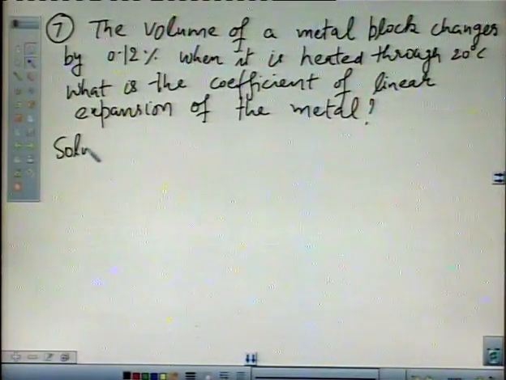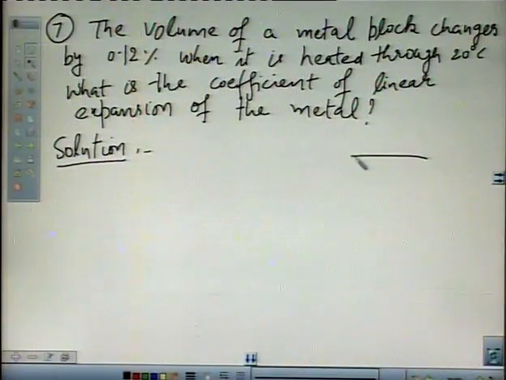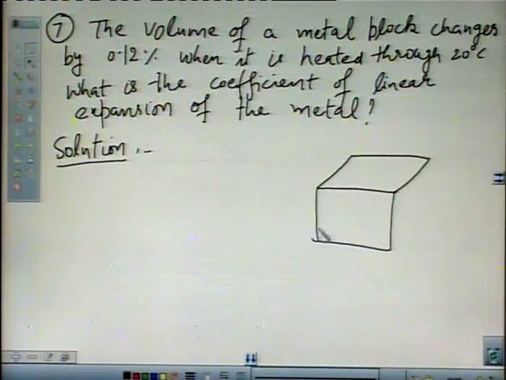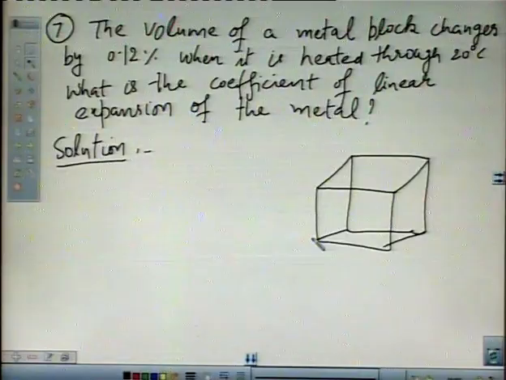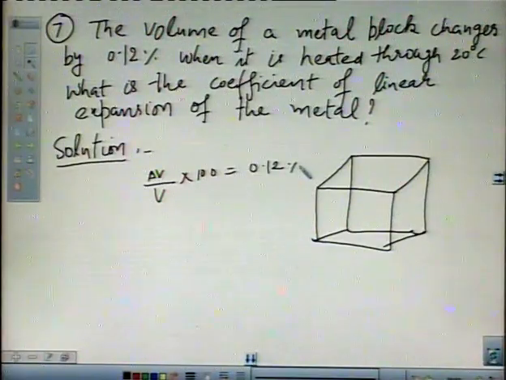So, its solution is, we are given a metal block which is in the form of a cube. Now, its volume changes by 0.12%, meaning delta V upon V into 100 is equal to 0.12%.